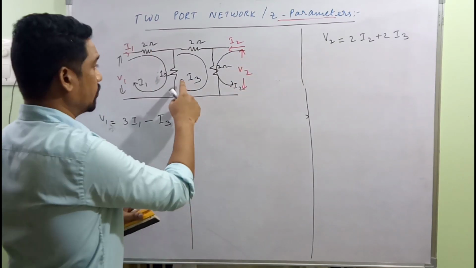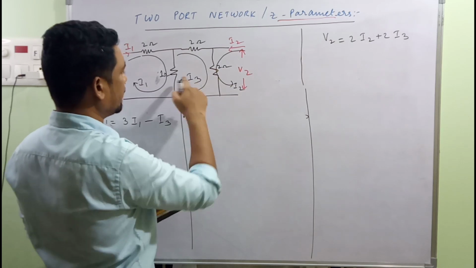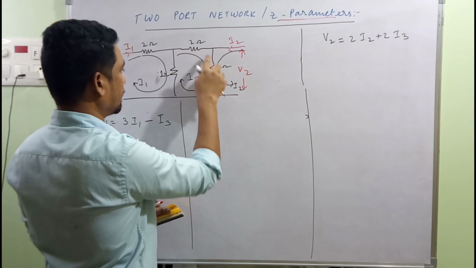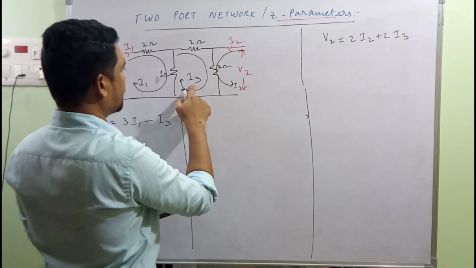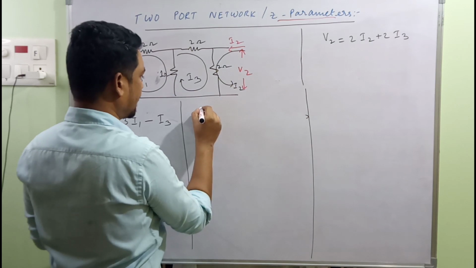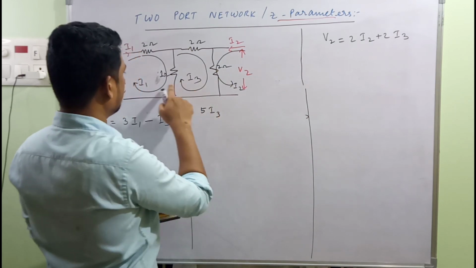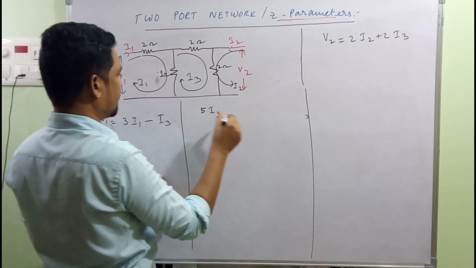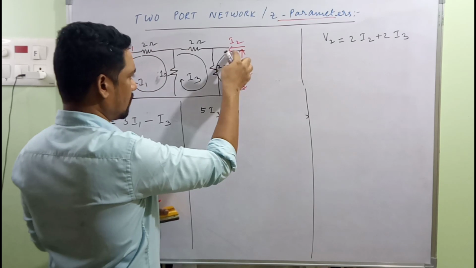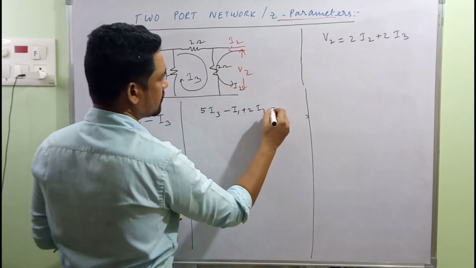What about the third loop? Here, in this loop, I3 is flowing, and all the drops are equal to 0 according to KVL. I3 is flowing through 2 ohm and 1 ohm, so that will be 5 times I3, and I1 is against I3, so that will be minus I1, and I2 is along with I3, so that's plus 2 times I2, which is equal to 0.